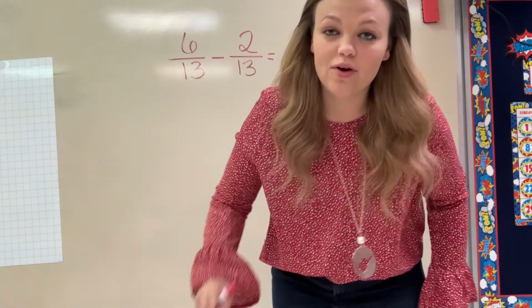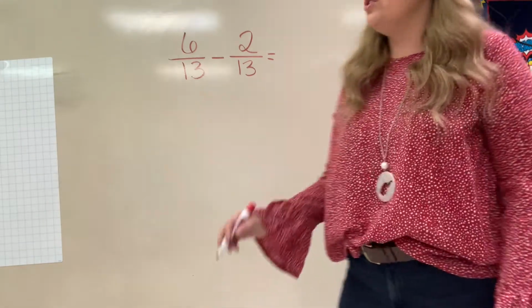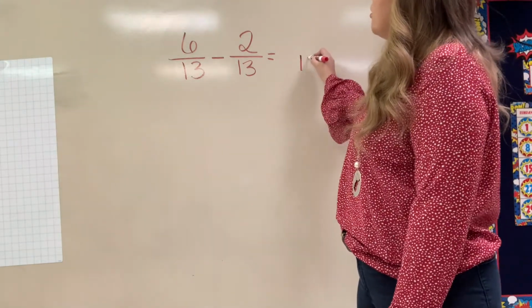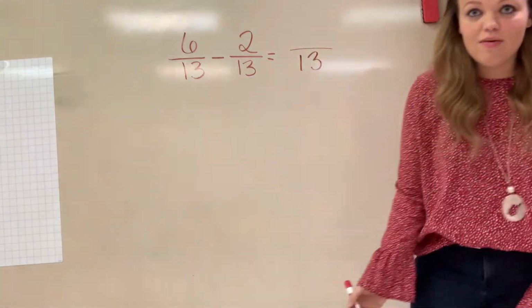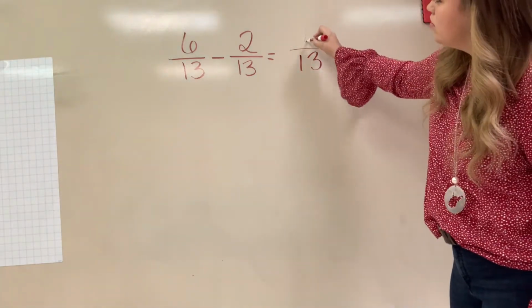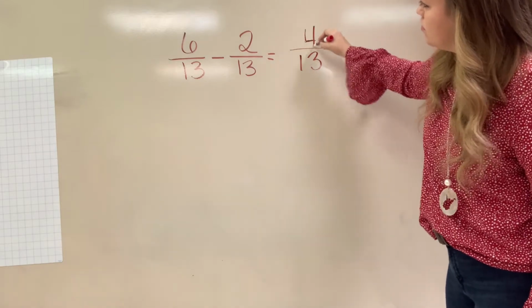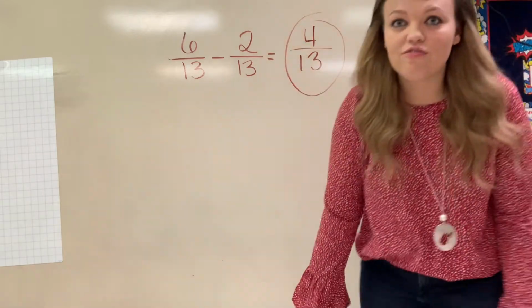All right, remember, when you have like denominators, you just bring the denominator over, and then you subtract the top. 6 minus 2 is 4. So my answer is 4/13.